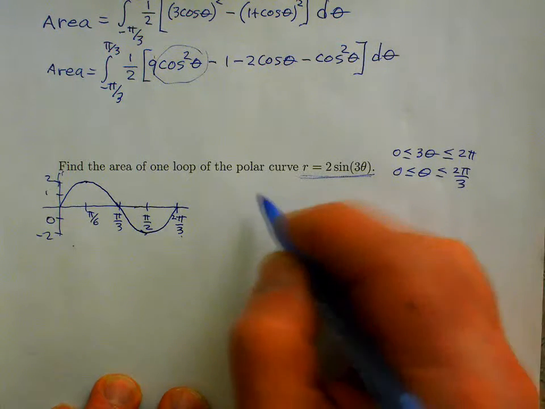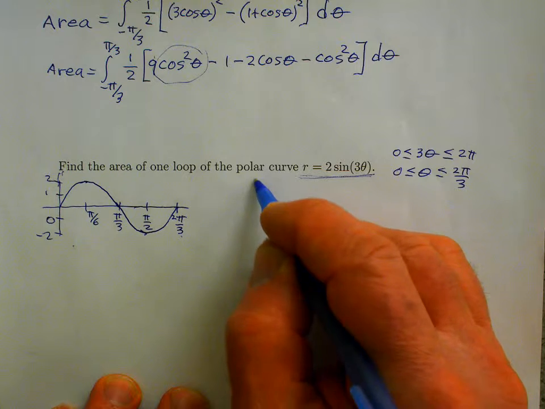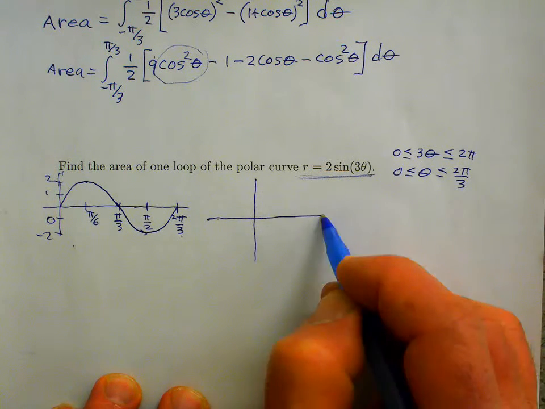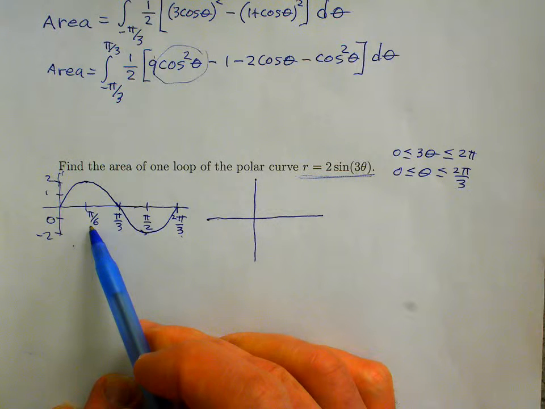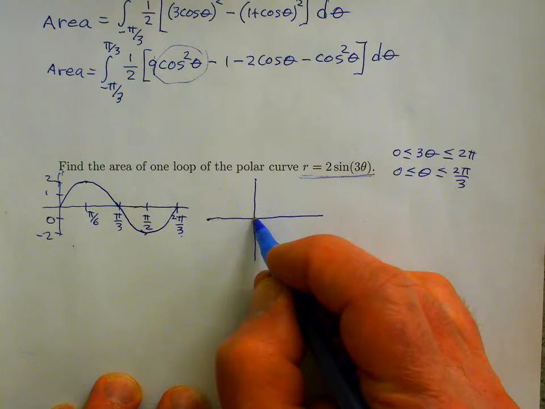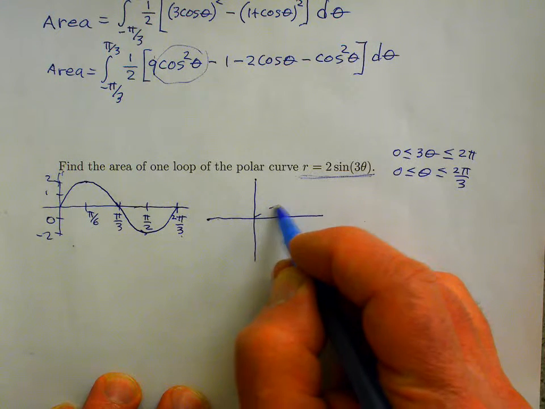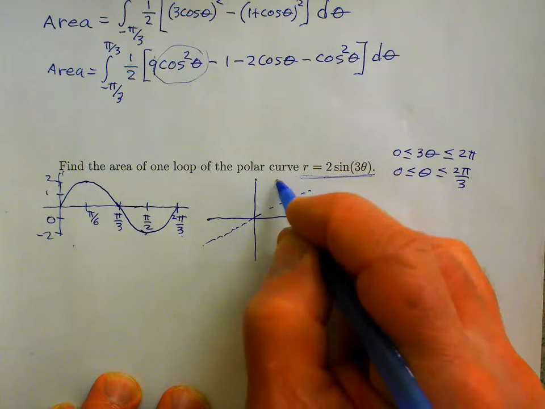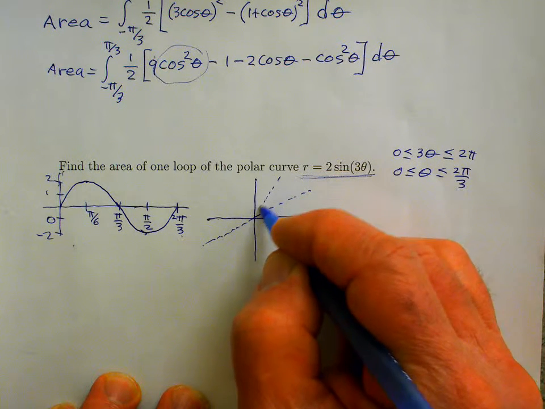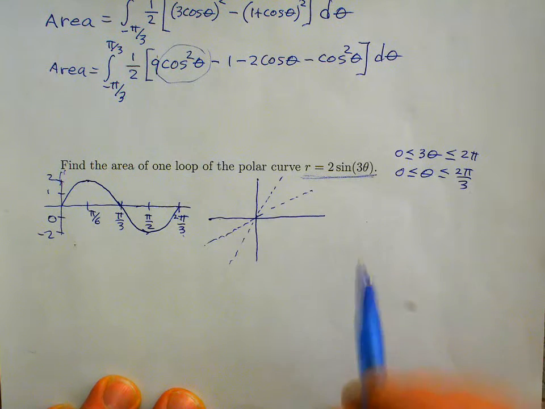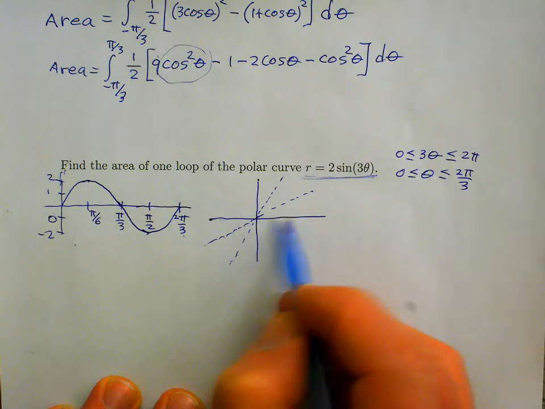So let's sketch the polar curve. And the subintervals are of 30 degrees or pi over 6 radians. So I'll mark off, subdividing that into intervals of pi over 6.